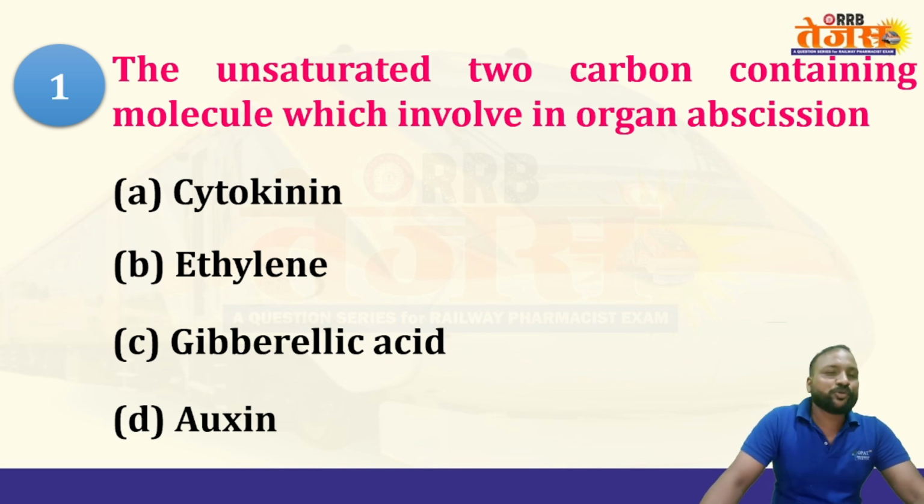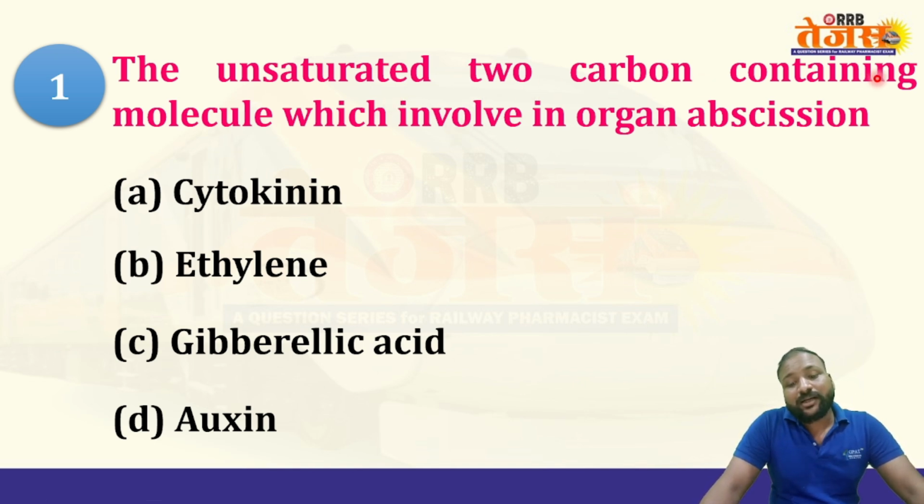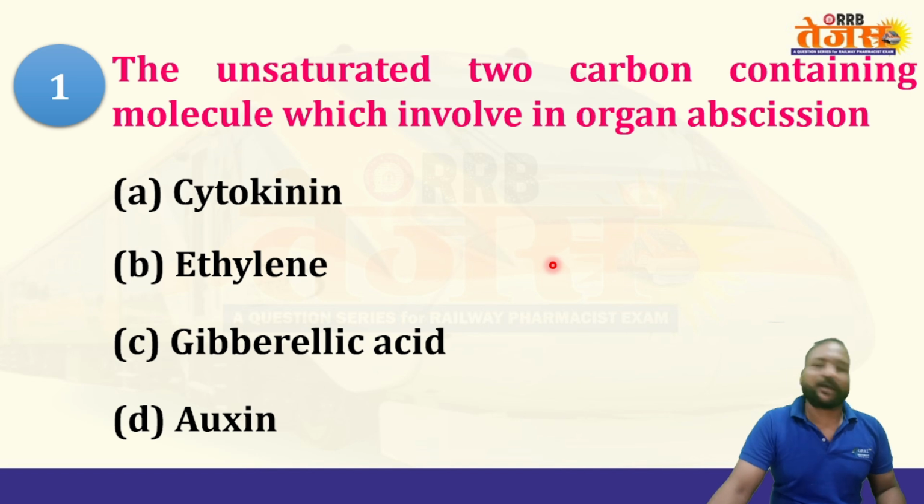Let us go through the question once again. The unsaturated 2-carbon containing molecule which is involved in organ abscission. They are asking about a two unsaturated carbon containing molecule, so you have to understand that this question comes from the topic called plant hormones.